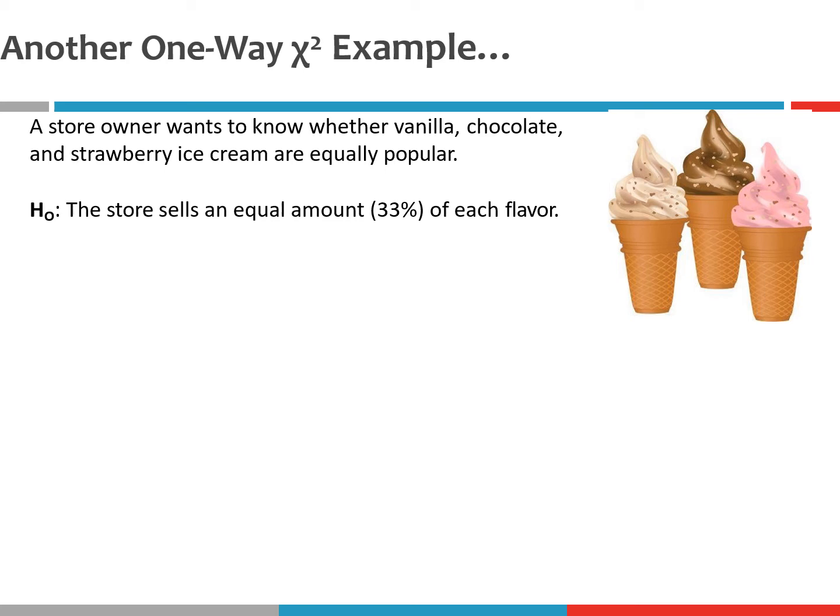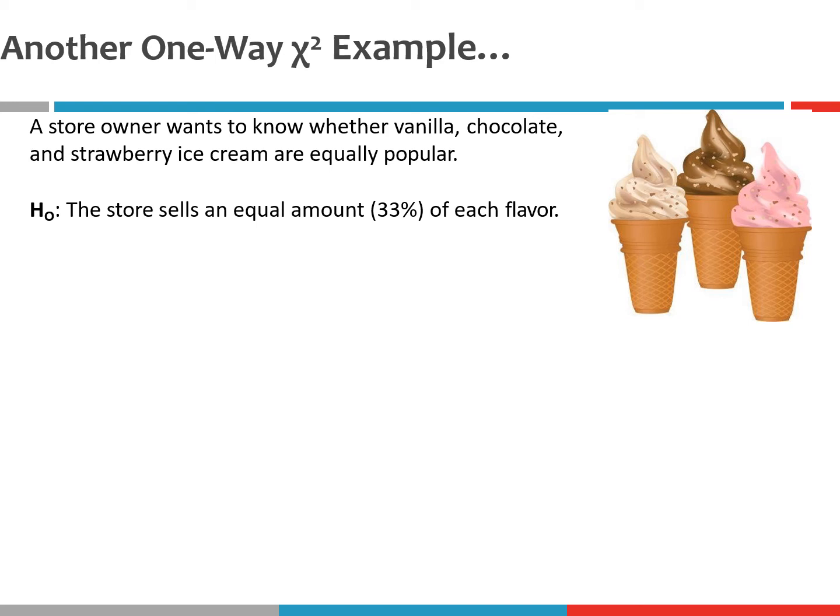So just like the previous example, we had two levels. We had black and red, okay? So if they had equal numbers of cards, that would be 100% divided by 2, which equals 50%. In this case, we have 3 levels of our categorical variable of ice cream flavor.